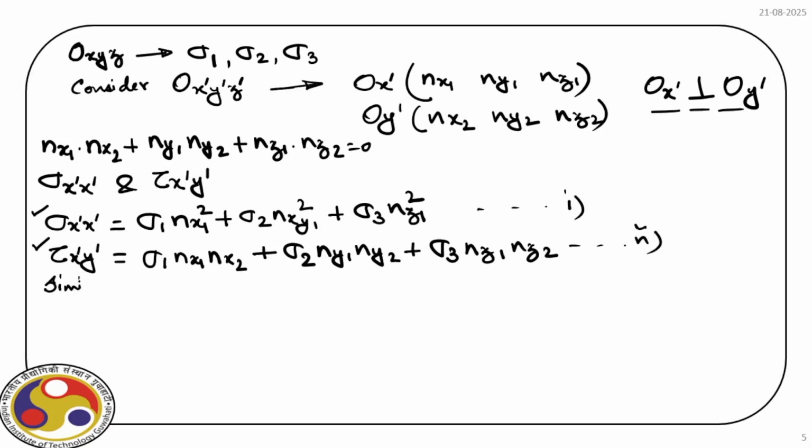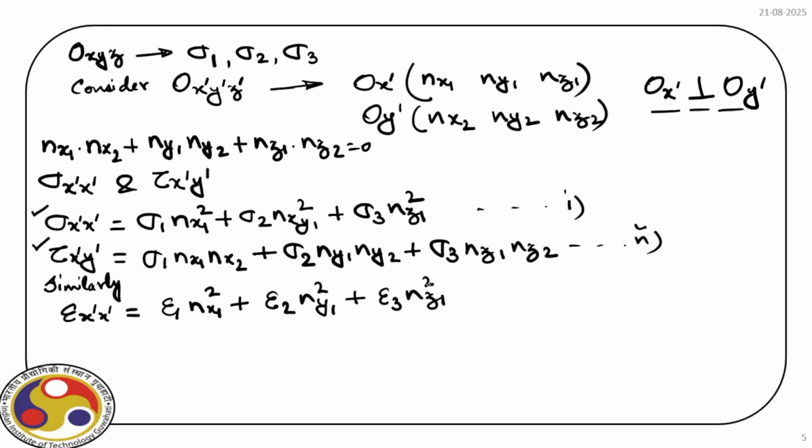Similarly, we can also express strains, which are epsilon x prime, and that is equal to epsilon 1 nx1 square plus epsilon 2 ny1 square plus epsilon 3 nz1 square.